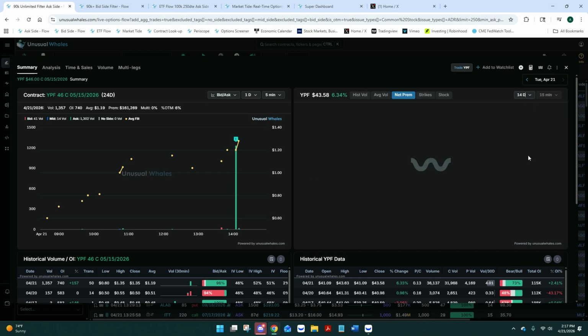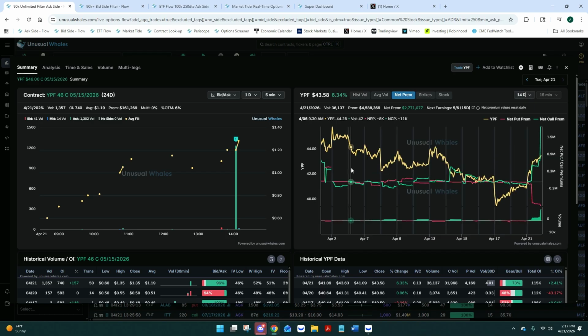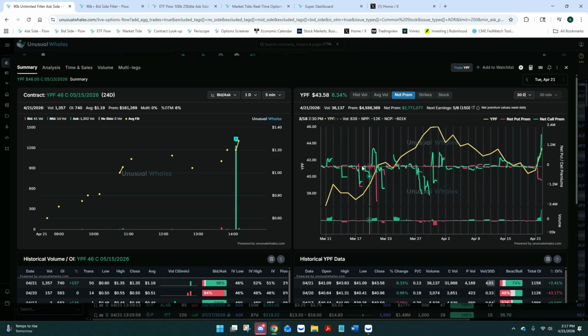How does this one look on the net premiums here? Yeah, this thing does not get a lot of options traded on it. Look at your spike in net call premium today. This is a very lightly traded name. Going back 30 days, not too much. A little outflowing calls there, but didn't really get a massive drop.